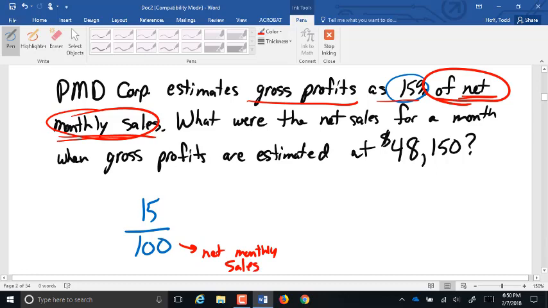Kind of like in those word problems we did last week, we need to know the net monthly sales to calculate our estimate of gross profits. We are basing the calculation of gross profits off of the net monthly sales. So the net monthly sales are the base. The 15 represents the gross profits.